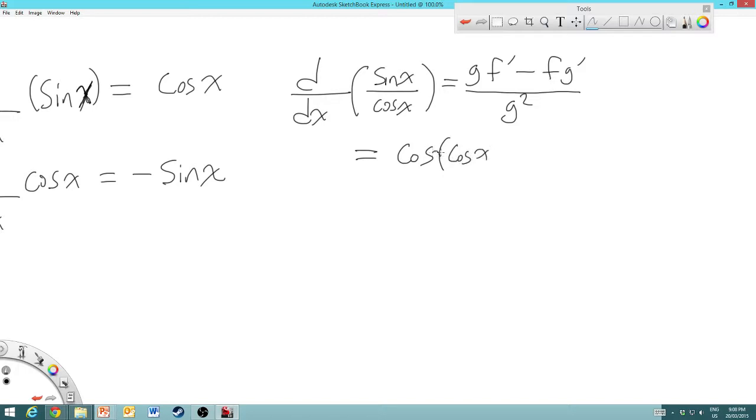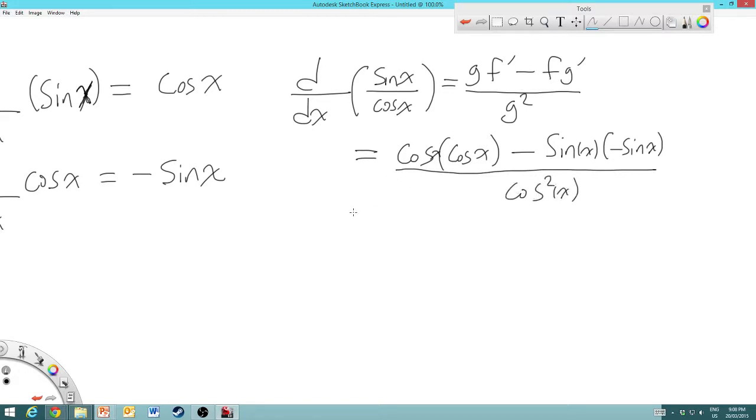Let's put the x's in for completion's sake. Minus f, this is going to be sine x, and then g prime, well, the derivative of cosine is negative sine x. And this will all be over cosine squared x.